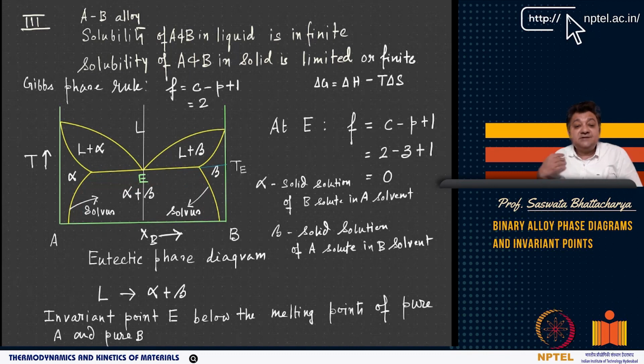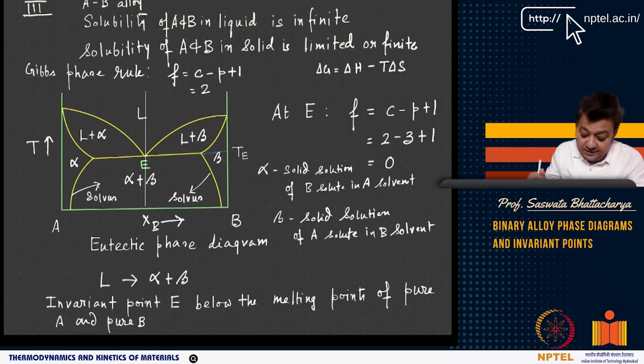So basically the eutectic represents a low melting mixture of phases. Our eutectic composition is a low melting composition, lower than that of pure A and pure B. So the eutectic temperature is a temperature that is lower than either of the melting points of A and B. This is for a binary system, and this is the invariant reaction: liquid transforms to alpha plus beta, or alpha plus beta transforms to liquid.